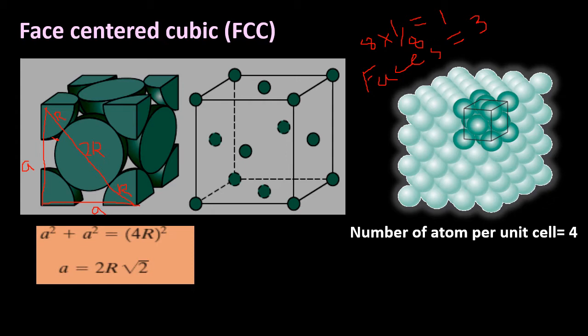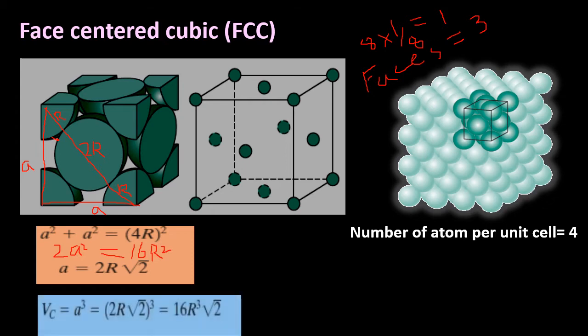If we simplify it, 2a squared will be equal to 16R squared. By simplifying it, the edge length will be a equal to 2R root 2.